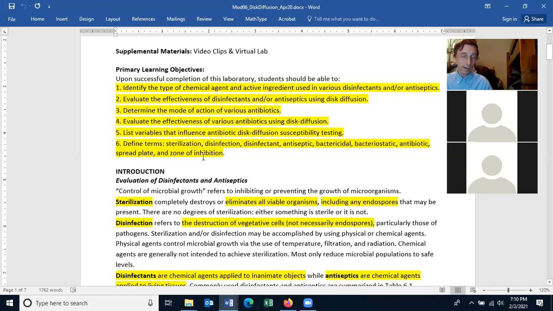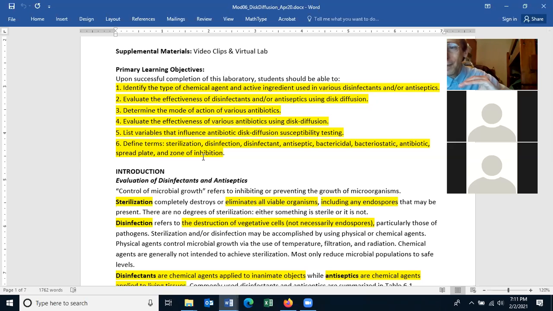Zone of inhibition, I'll talk about since I discussed it, is when you put an antibiotic disc on a plate that's been coated with a lawn of bacteria and then allow the bacteria to grow. If the antibiotic is effective, there will be a zone of inhibition where the bacteria did not grow around it.